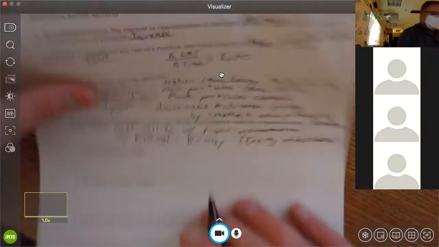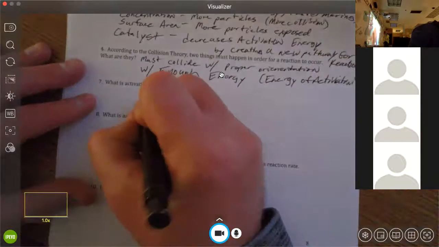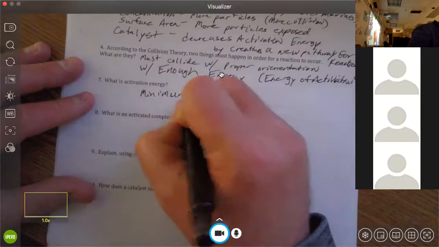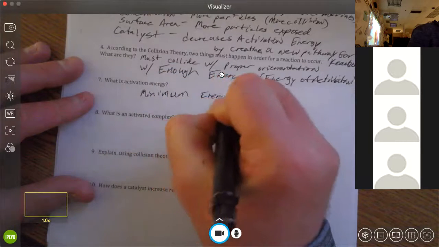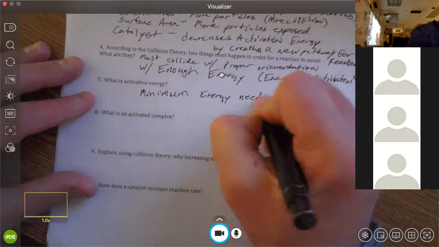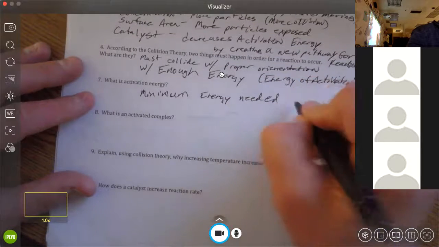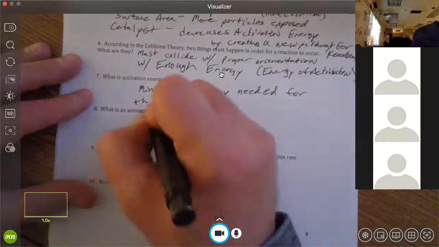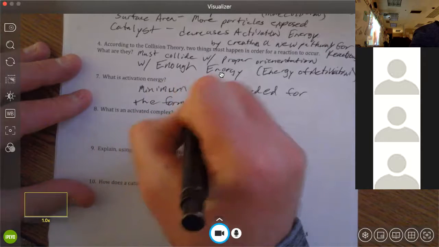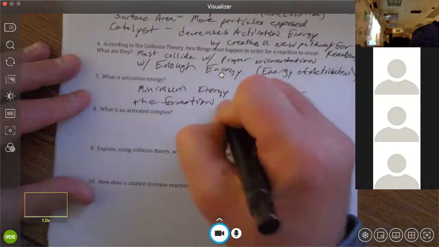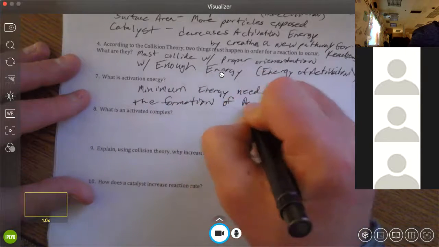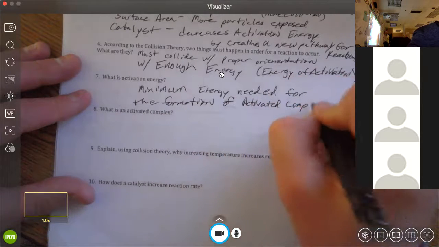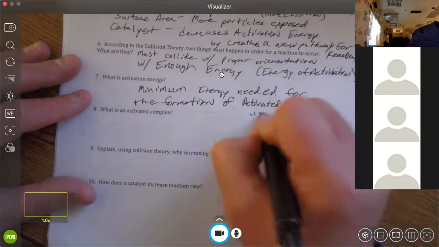What is the activation energy? It's the minimum energy needed for the formation of the activated complex. The activated complex, if you recall, is that intermediate state.